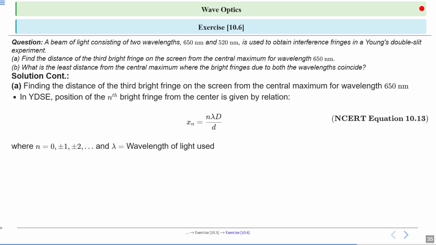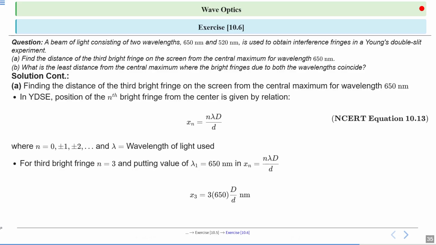So by substituting, for the third bright fringe n equals 3 and lambda 1 equals 650 nanometer, in xn equal to n lambda capital D upon small d. So put these values into this formula. After substituting, x3 will be equal to 3 into 650 multiplied by capital D upon small d.